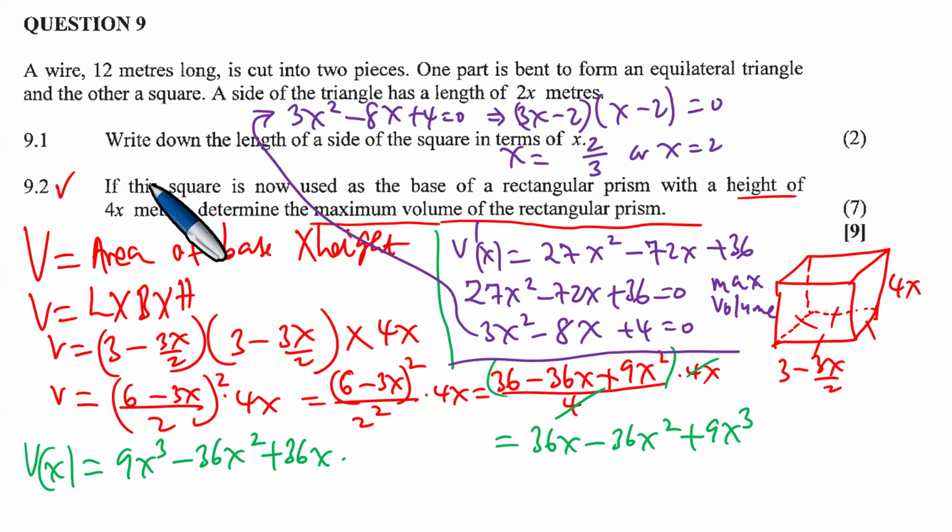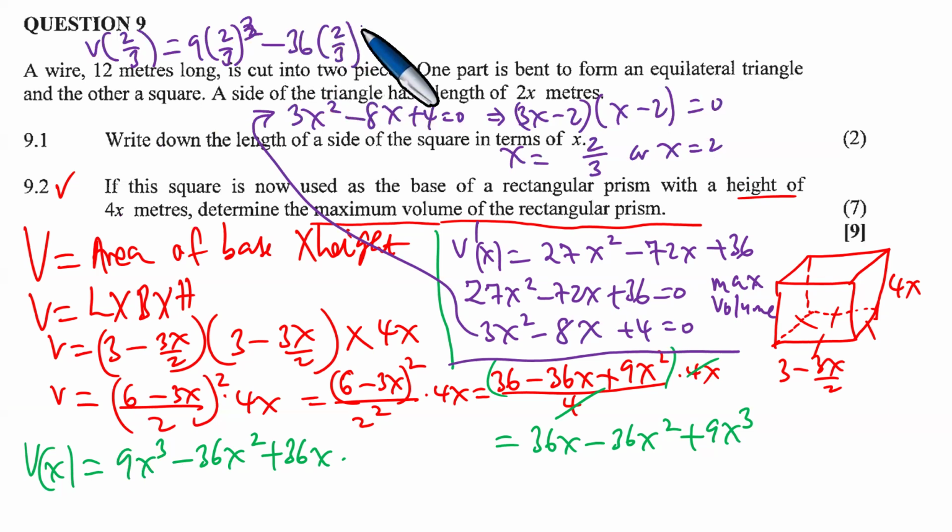When does the maximum occur? It occurs at x equals 2/3. So we substitute into V: it's 9x cubed, so it is 9 times (2/3) cubed, minus 36 times (2/3) squared, plus 36 times 2/3.